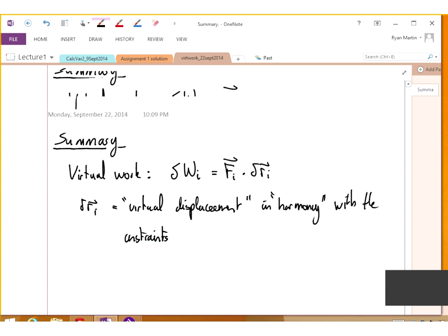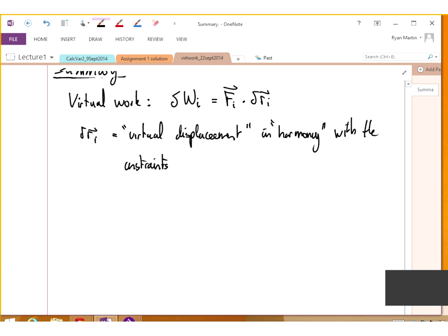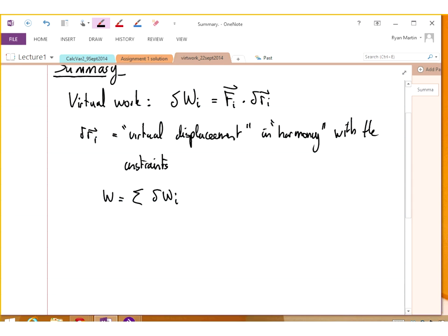So this virtual displacement, or this virtual work, is done by all the forces. So in principle, the total virtual work would be the sum of all the little virtual works from each force. Let's say there are capital N forces. And that's going to be two different sums.